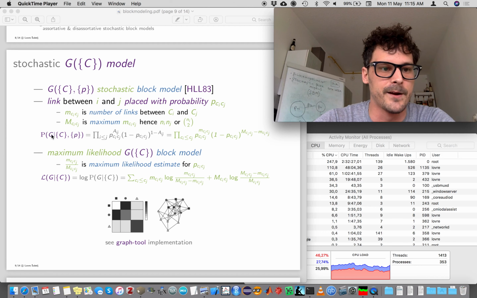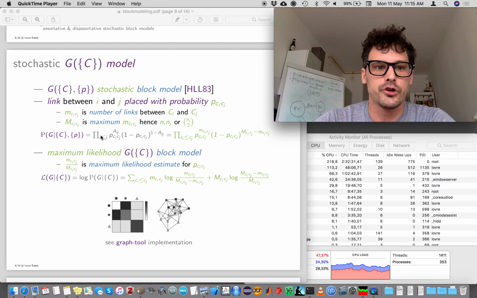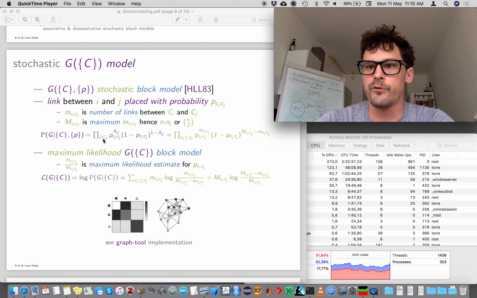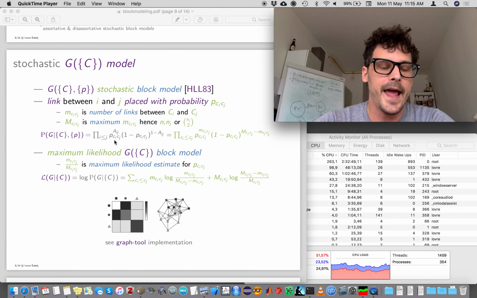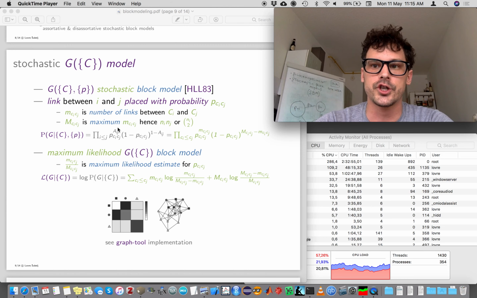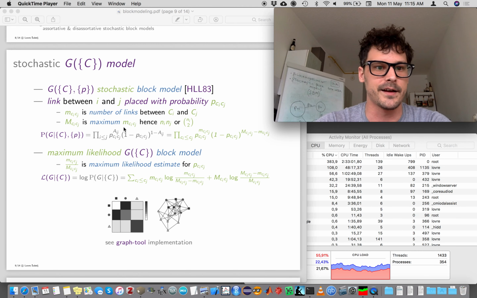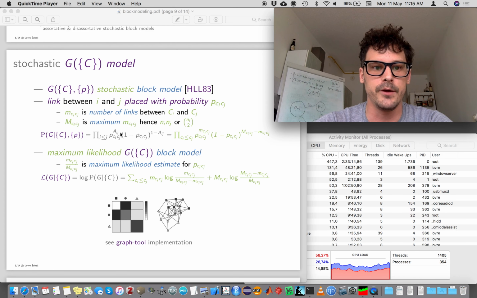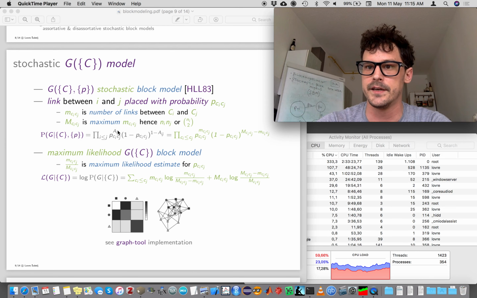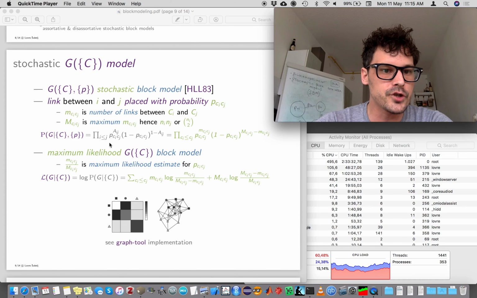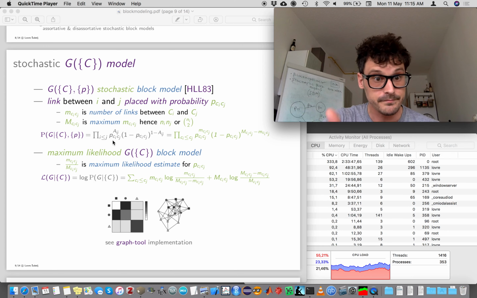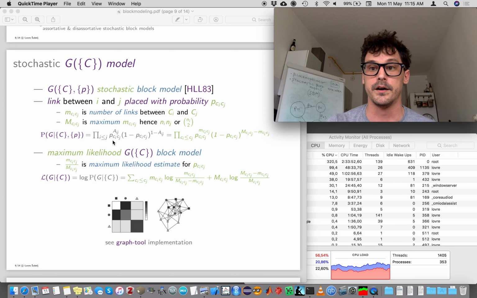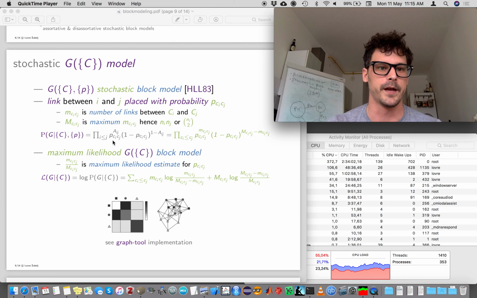This is denoted here with graph G. So what I can do is take the product over all possible pairs of nodes i and j, and if i and j are actually connected in our graph, this A sub ij, which is an element of the adjacency matrix, will be 1. And so we will multiply here with the probability corresponding to those pairs of nodes i and j.